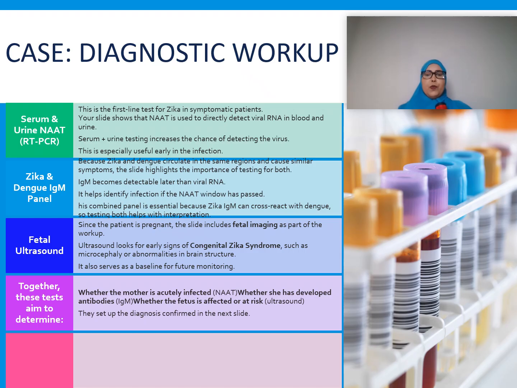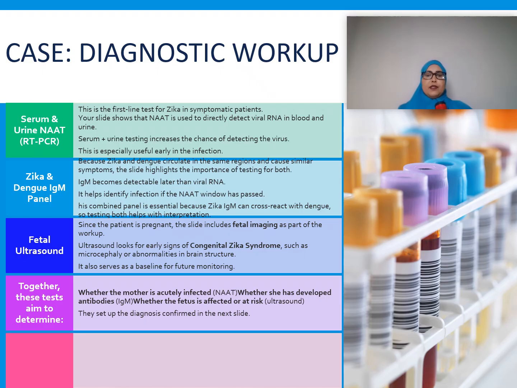So you want to do the diagnostic workup, you want to do some labs, you want to assess the diagnostic outcomes. So you collect blood and urine. This is the first line test for Zika in patients.